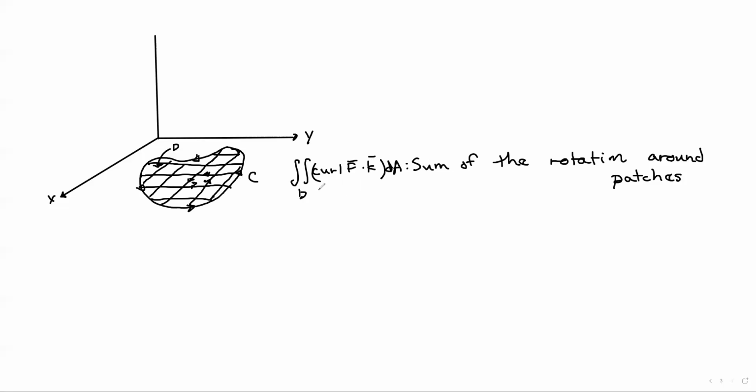However, a second result that you get is that if you actually add up the rotation around the patches, so if we take this rotation here and we add up the one next to it, you'll see I've got arrows in both directions on this piece. What's going to happen there is that this piece will end up canceling, because you have rotations in opposite directions.